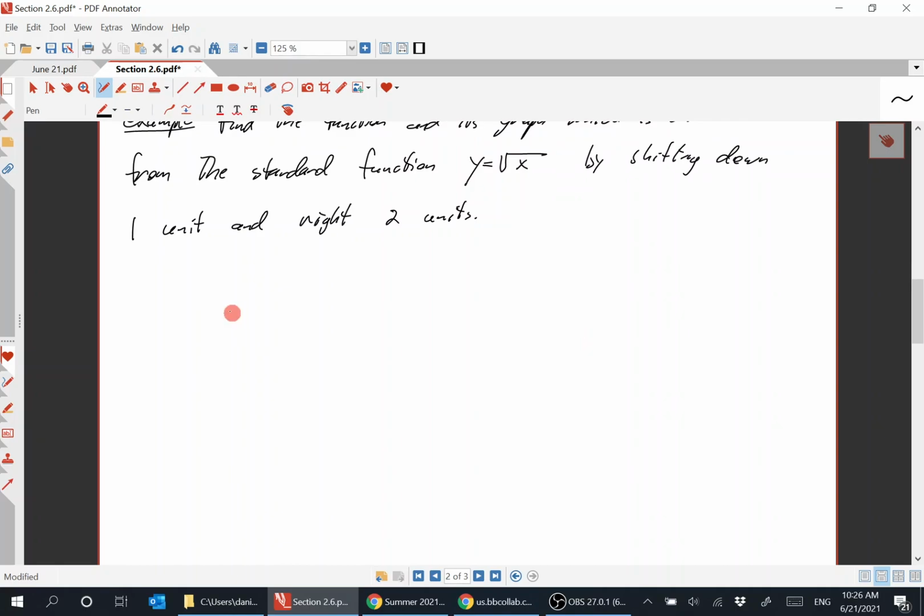Okay, so let's see how that looks. So y equals square root x, it's essentially the parabola laying on its side, but just half of it. Right, y equals square root x, it looks like that. Of course, the square root of 0 is 0. The square root of 1 is 1.